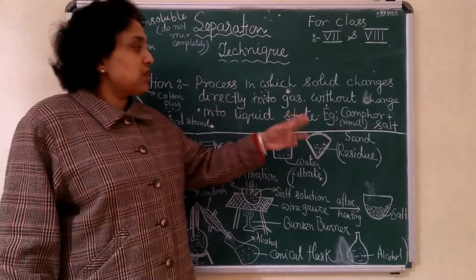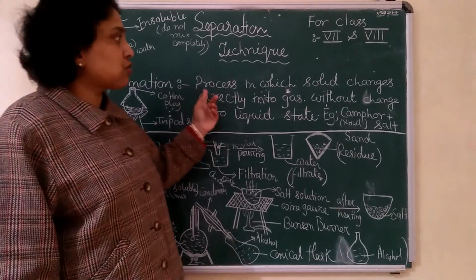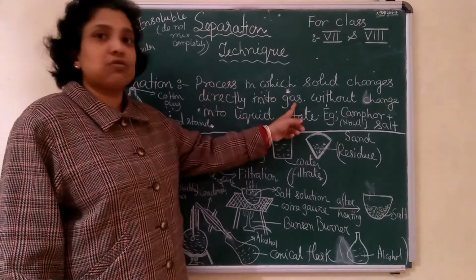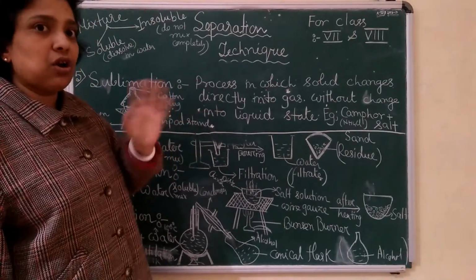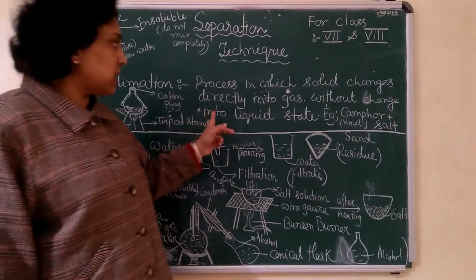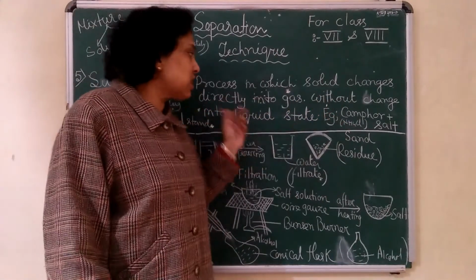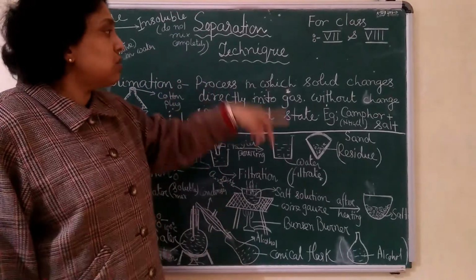So if you take this mixture, camphor and salt, what I said: process in which solid changes directly into gas. When you heat that solid, it will not go to a liquid state. That's why I have written without change into liquid state. So it will directly convert solid to gas.